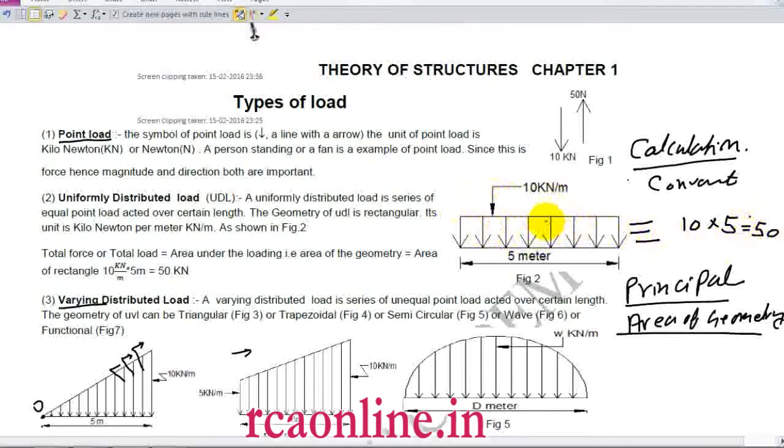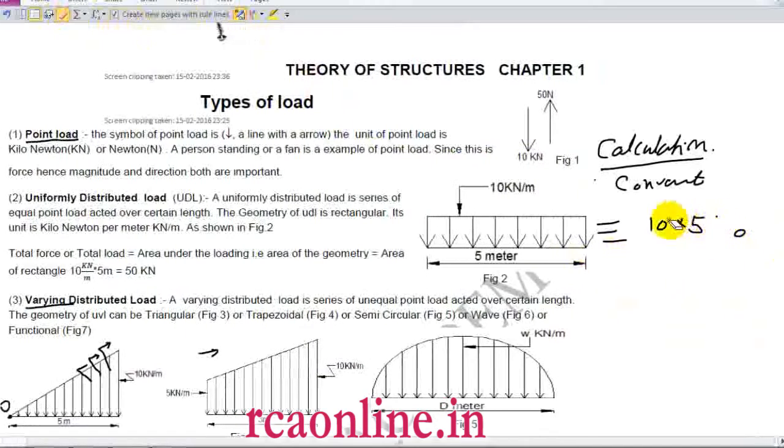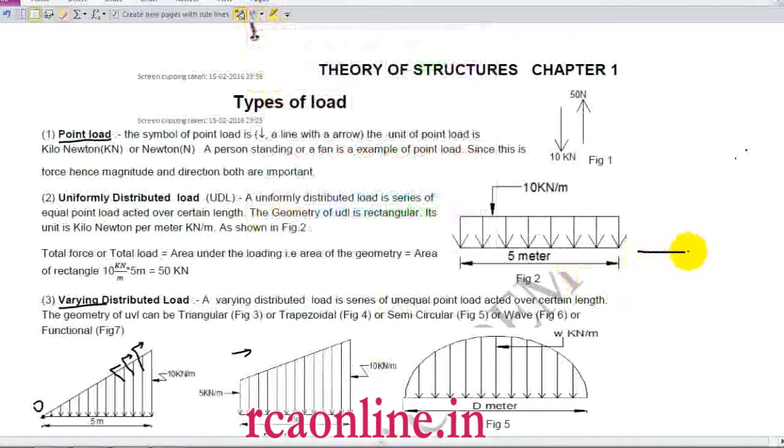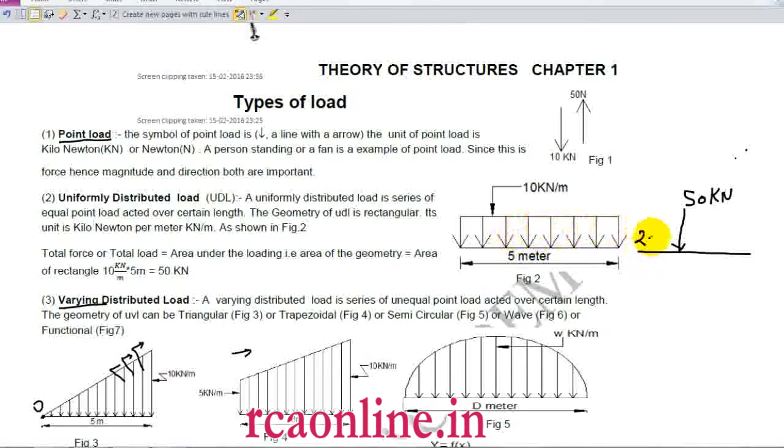Clear? Now, where to place this point load? The second important aspect is where to place this point load. Now I know that the total load is 50 kilonewton and it will act at the center of gravity. The center of gravity of a rectangle is at equal distance from both the sides.